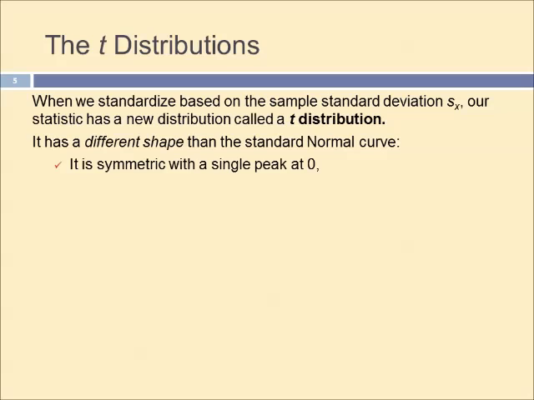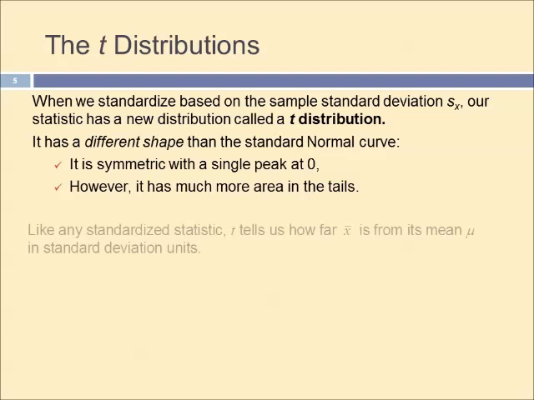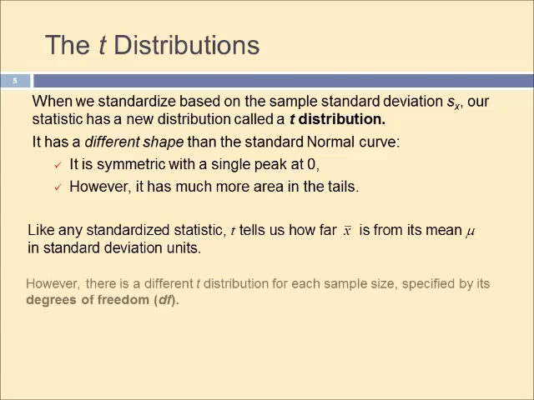There are many similarities. It is symmetric with a single peak at 0. But it does have much more area in the tails. Like any standardized statistic, t tells us how far a sample mean is from the mean of the population in terms of standard deviation units. But there's a different t-distribution for each sample size, and this is specified by what's known as its degrees of freedom, and we abbreviate that df.